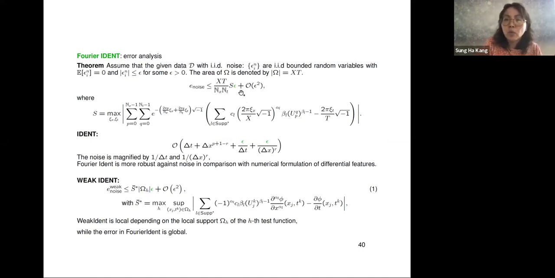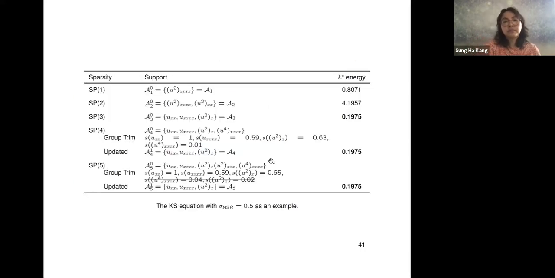However, if you use the Fourier type, and even the weak form, the error is linearly dependent. There is an epsilon here and an epsilon here. This is why, if you use a weak form, you have a better recovery, because you have a better chance of controlling the error.